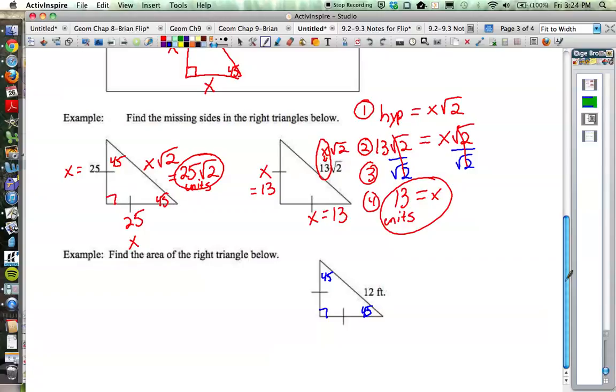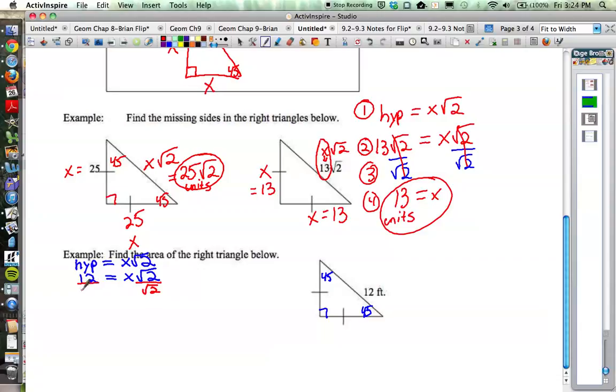Okay, so let's start off with the fact that we have the hypotenuse, which we know is equal to x times the square root of 2. So in this one we know the hypotenuse is 12, so 12 is equal to x times the square root of 2. Now let's do our algebra to get x by itself. The hard part of this one is that the hypotenuse is not expressed as something square root 2.